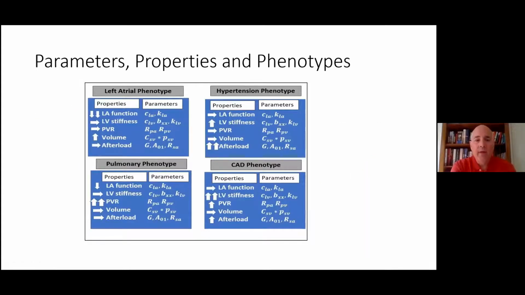When I talk about properties and parameters, it may be a bit confusing without a little description. There are actually 70 plus parameters in the model that describe all these variables. That's obviously not a tractable problem in terms of parameter identification. And so we've focused our attention on the idea of properties, which, as you can see here, are some mathematical relationship that we can define between the parameters in the model. So in some circumstances, it may be very simple.